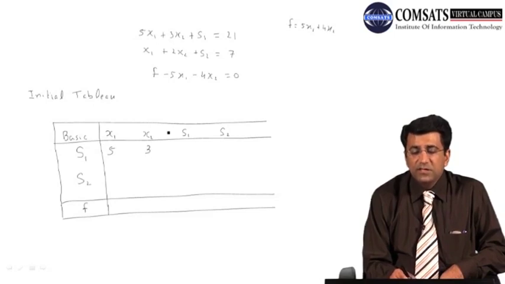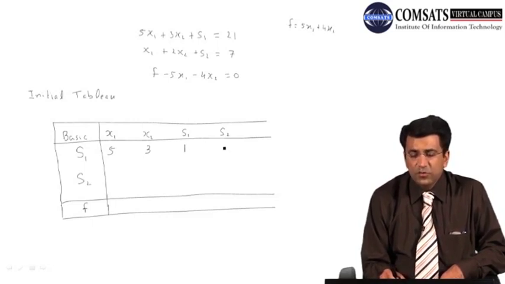Now what is this 3? This is the coefficient of the variable x2 in the first equation. Then the coefficient of s1 in the first equation is equal to 1, and we do not have any s2 in the first equation, so we will put s2 equal to 0. Then there is the right hand side, and we will name this column as right hand side.